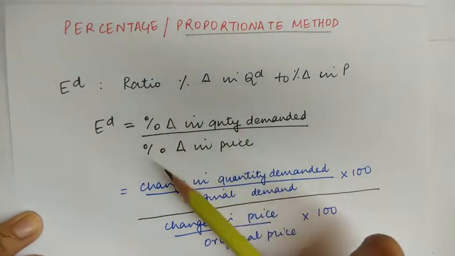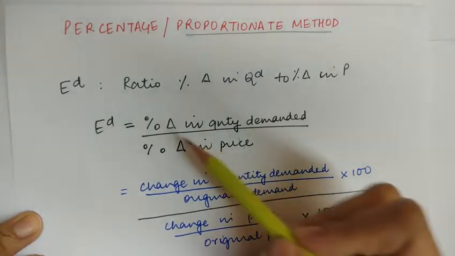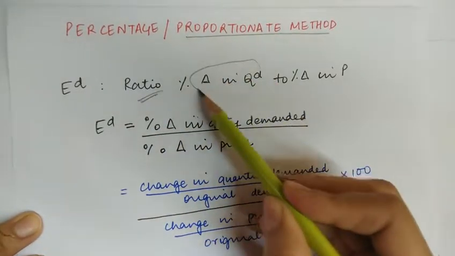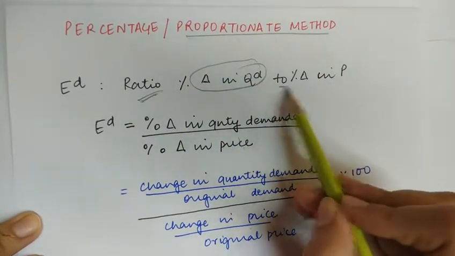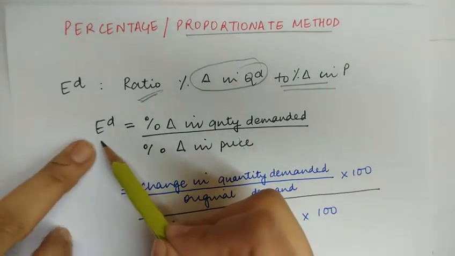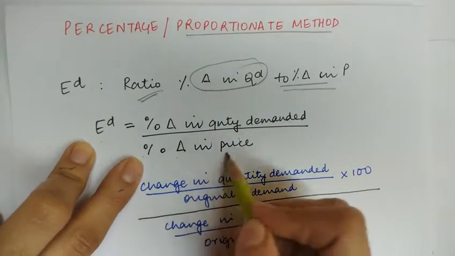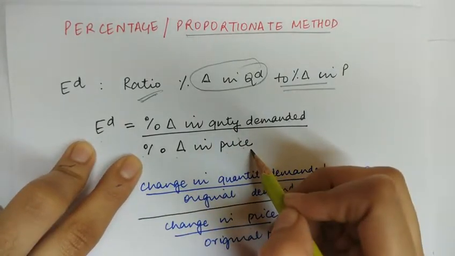Now, the elasticity of demand according to the percentage method is measured by taking the ratio of percentage change in quantity demanded to the percentage change in price. So, elasticity of demand is equal to percentage change in quantity demanded to percentage change in the price of the commodity.